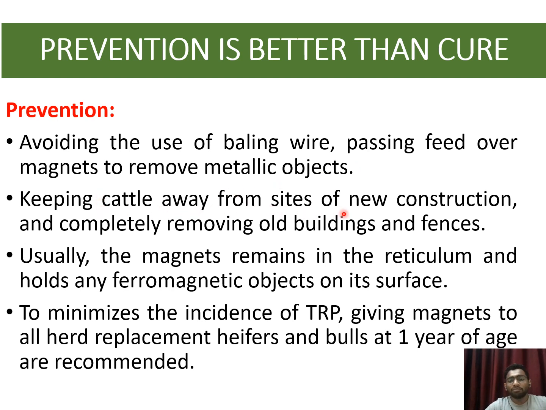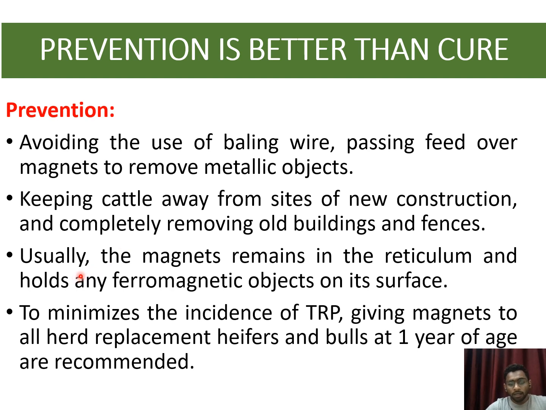Keep cattle away from the sites of new construction, because in those areas there will be a large amount of metallic objects, so keeping cattle away from these sites will be helpful.